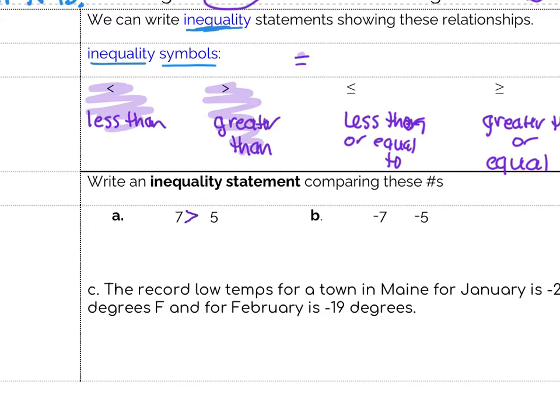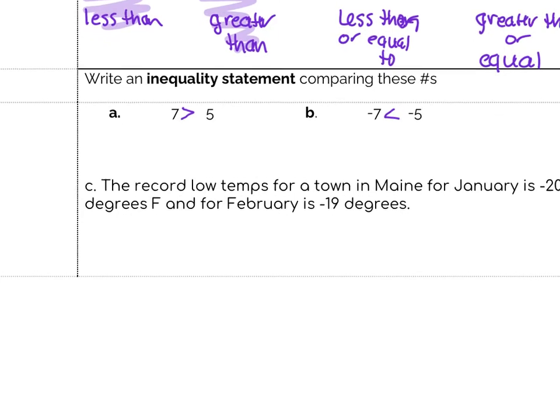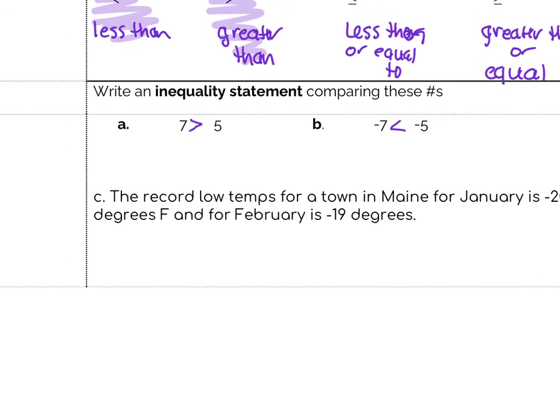So we read this, 7 is greater than 5. Here, the -7 was less than -5. I hope you're really listening to what I say, because it's important you know how to read it.